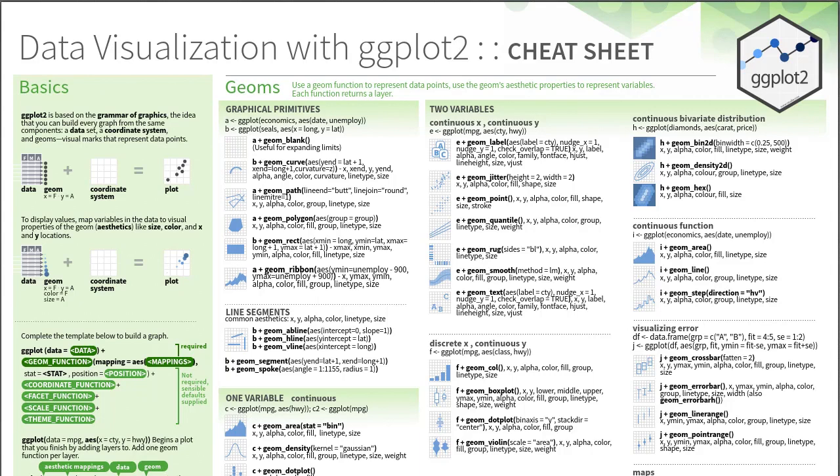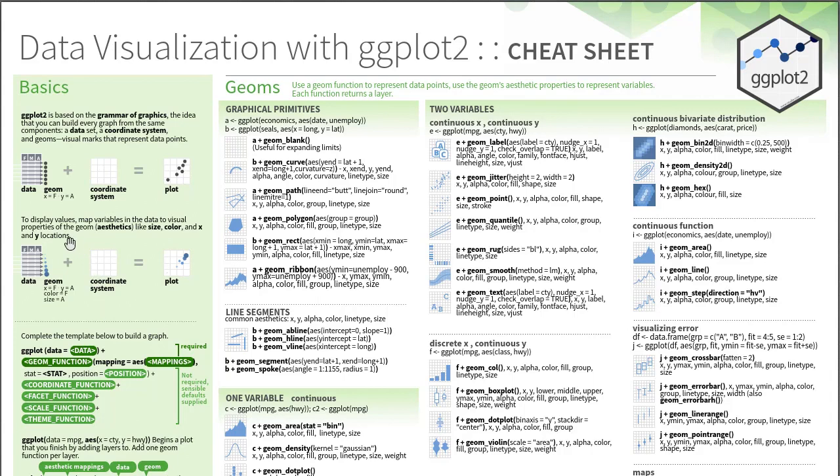So we notice here, up in the top left, it tells us that you can build every graph. These are the basics. You can build every graph from the same components: a data set, a coordinate system, and geoms that are visual marks that represent data points on our graph.